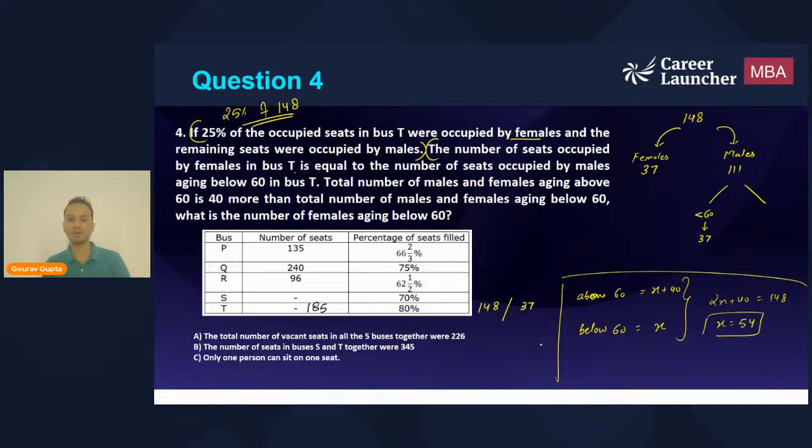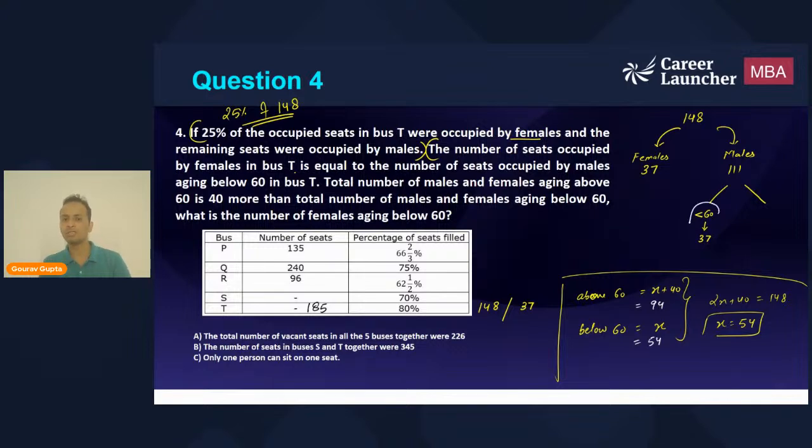X का value 54 आ गया. So number of males and females below 60 will be 54, and number of people above 60 will be the remaining, or I can say 54 plus 40, that is 94, right?